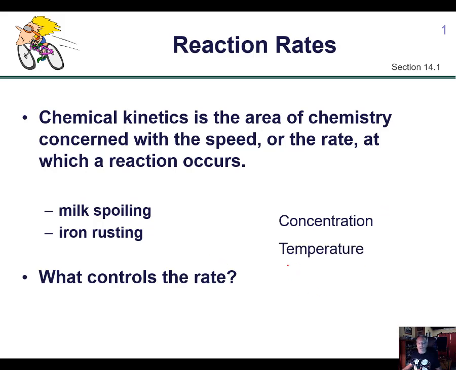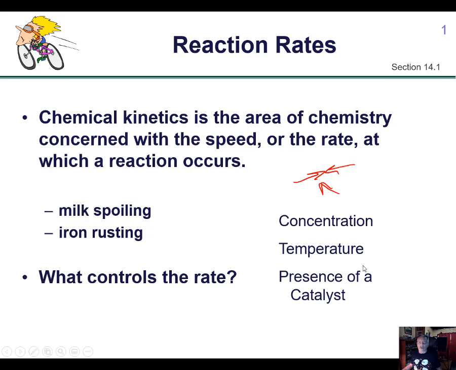Temperature, as we've mentioned, can control the rate of the reaction, and you can think of the velocity or the kinetic energy of the molecules that are in solution. How fast are those molecules moving? And what that enables them to do is to collide in the correct orientation with a sufficient amount of energy to actually react with each other.